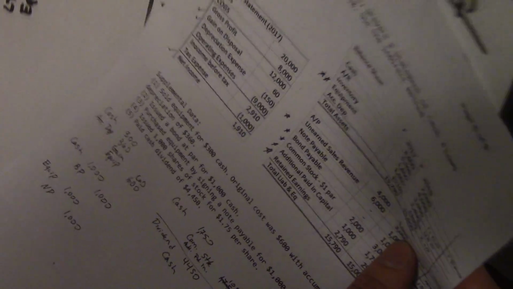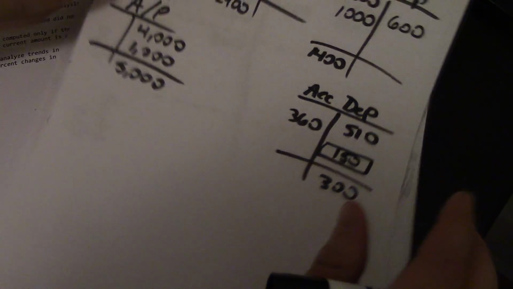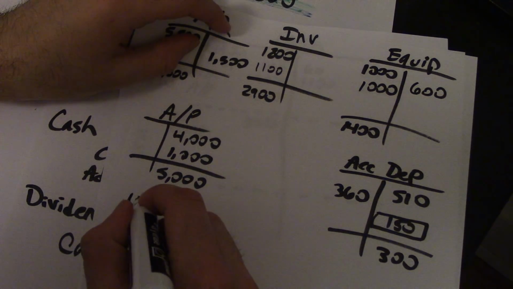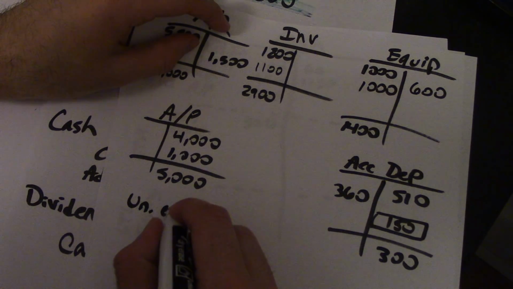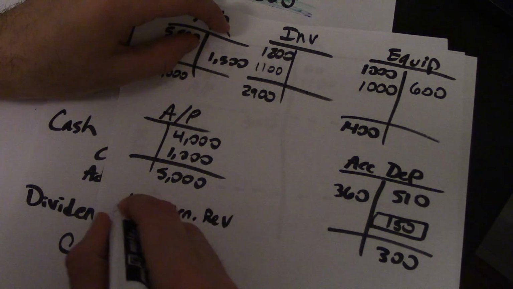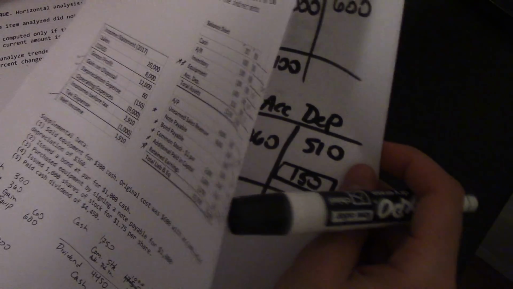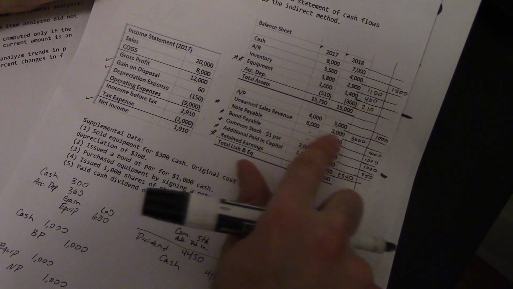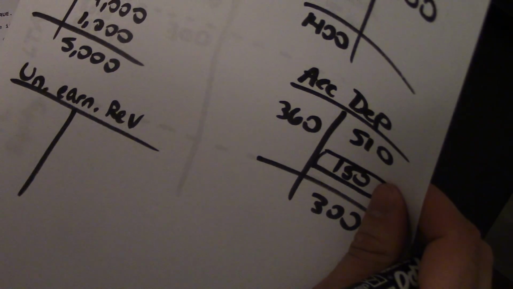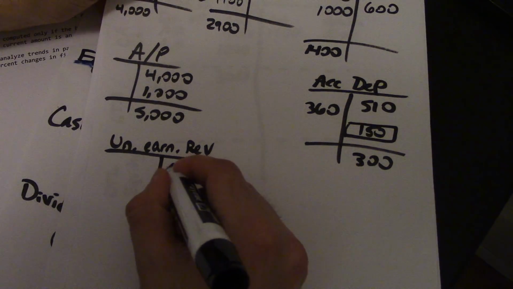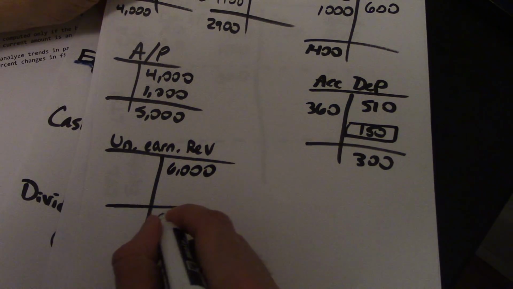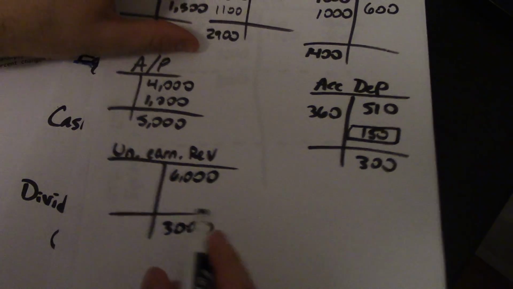So it's a liability. Set up the T account, unearned revenue. We began with 6,000, ended with 3,000. Again, it's a liability, so it's a credit.